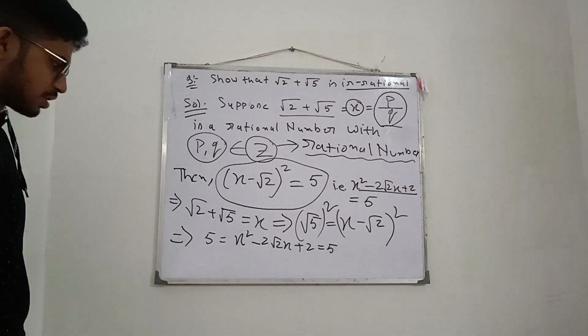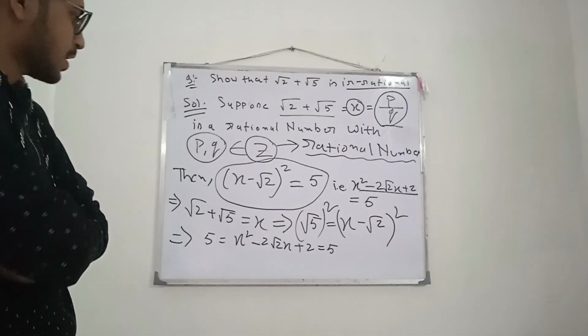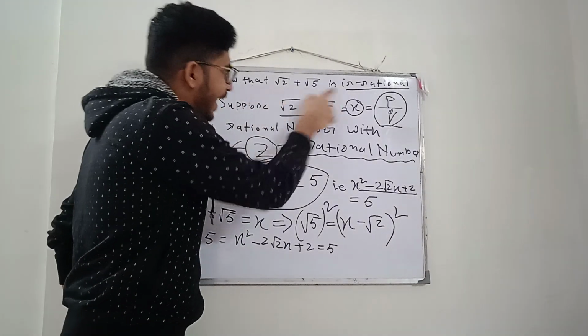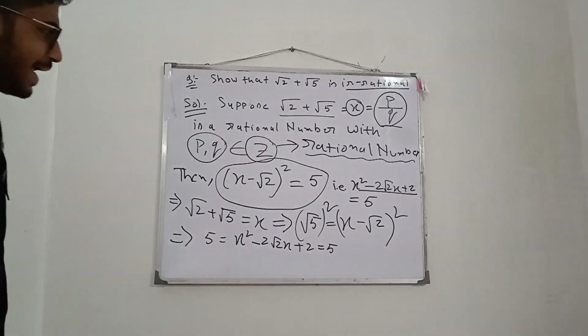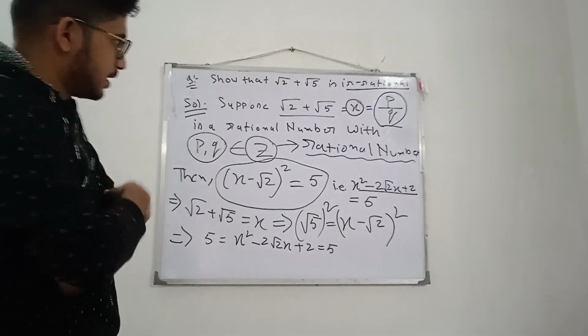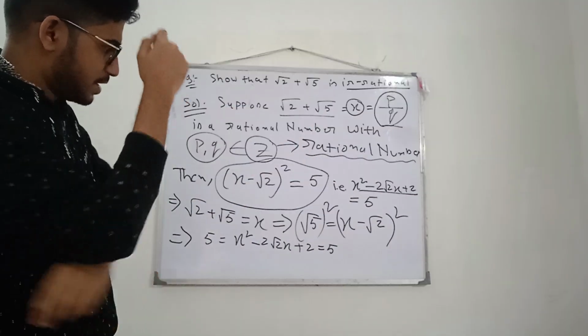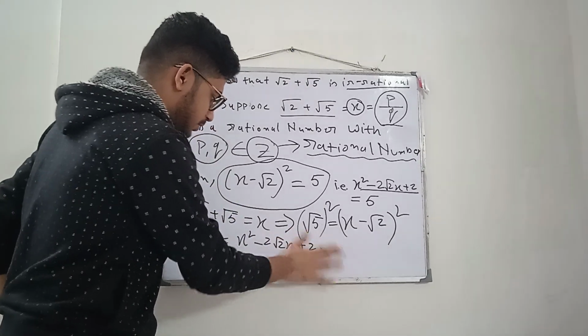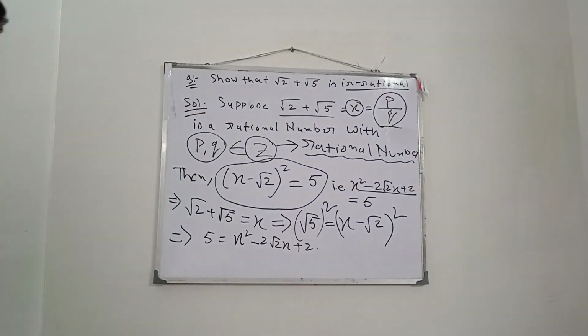Now the $1,000,000 question is we have to show that their addition value is irrational. This is the $1,000,000 question.